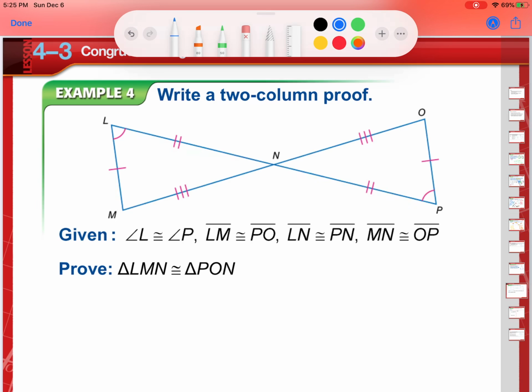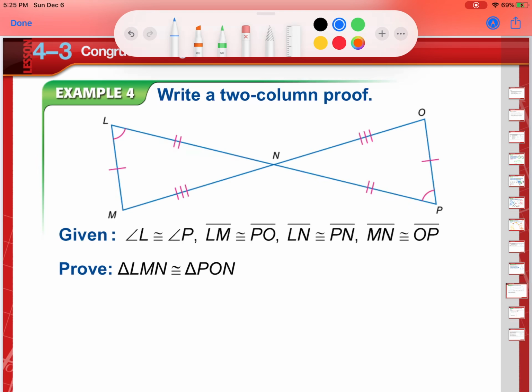That doesn't make sense. Line MN is the same as OP. Did I mess this one up too? LN and PN, that makes sense. LM and PO makes sense. LN and PN.